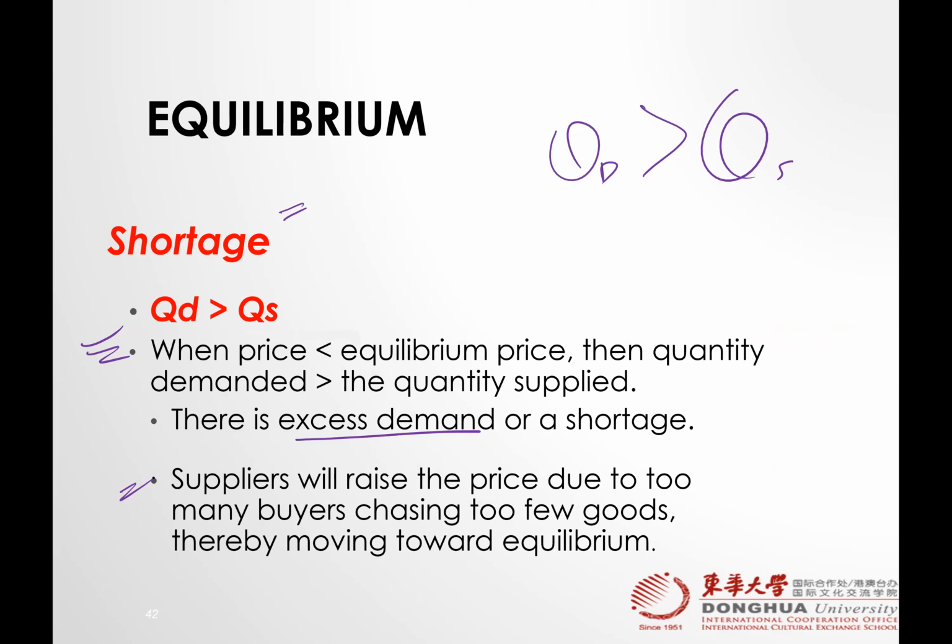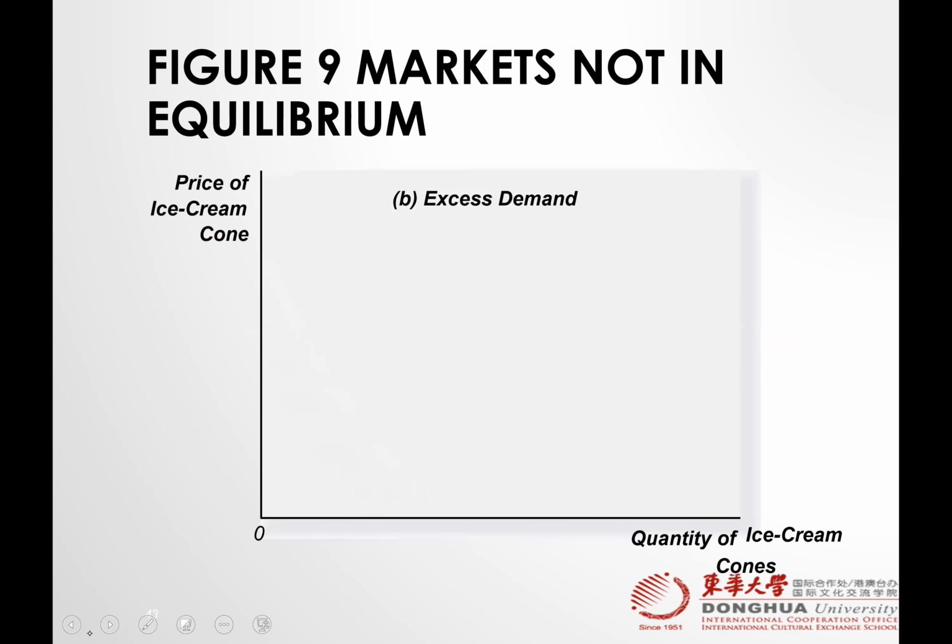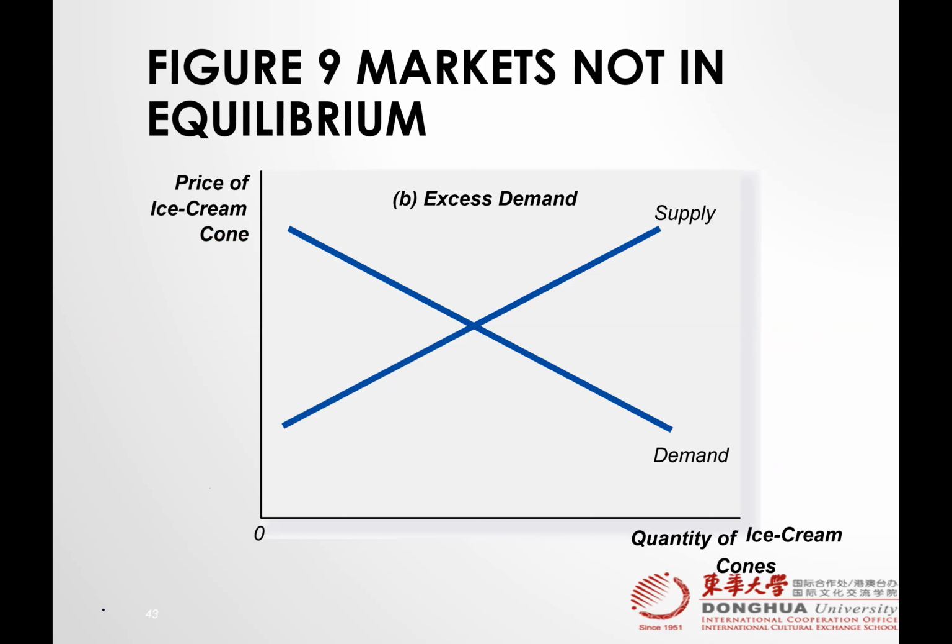Suppliers will raise the price due to too many buyers chasing too few goods, thereby moving towards the equilibrium. Let's talk about these 2 points. So this is the market of ice cream, because this is the price of ice cream, this is the quantity of ice cream.